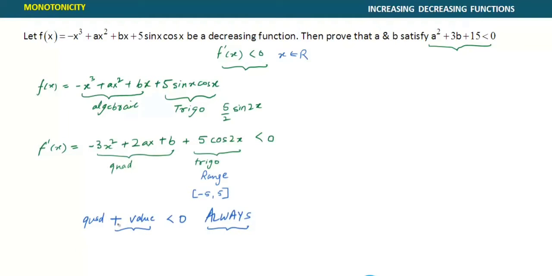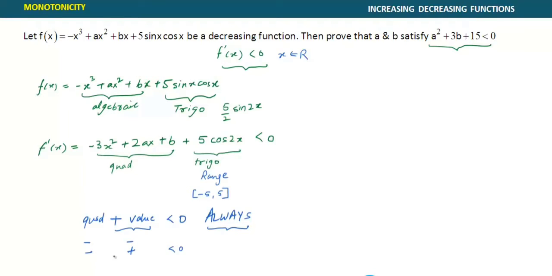For that, it could be that this is negative and this is negative, so there is no problem. Or there could be a case that this is negative and that is positive. So you want that even if this is positive, this is still negative, then the case will be completely true.